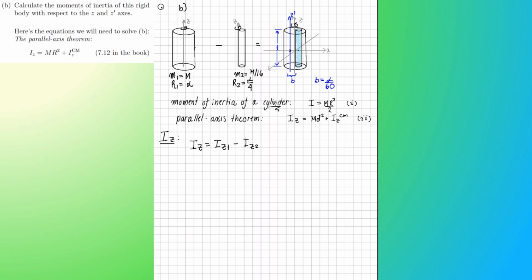So the main part here is to figure out which equation do we use. So for the moment of inertia at Z of the first cylinder, since the z-axis passes through the center of mass of our cylinder, we'll use the first equation. So this is equal to m alpha squared divided by 2.